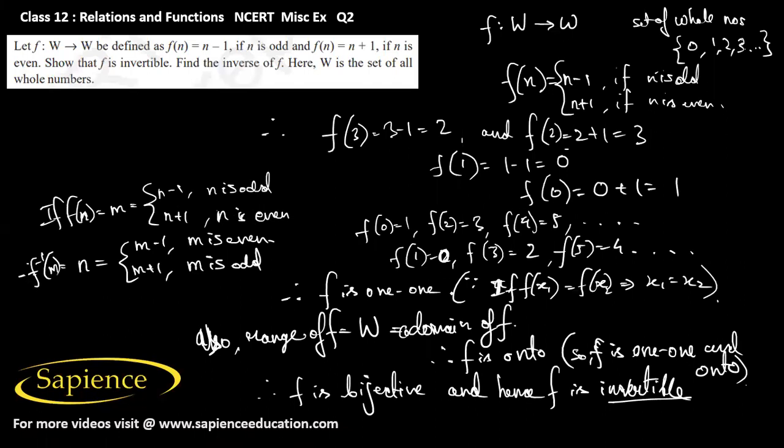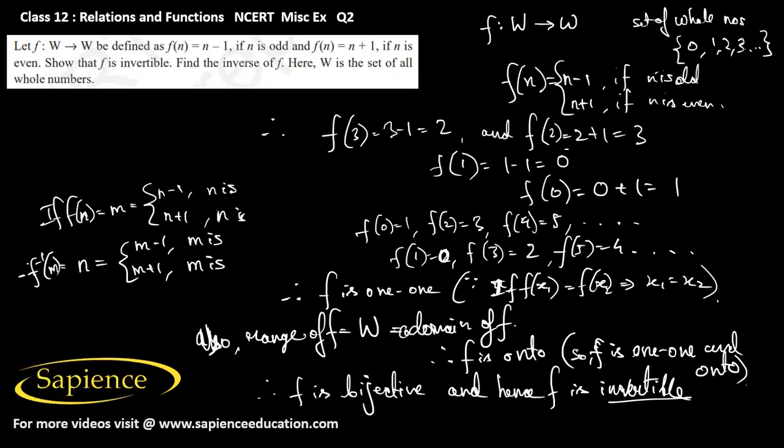Now here you can see that f inverse of m will be equal to n plus 1. So here there is something wrong. We have to write this is odd, this is even. Okay.